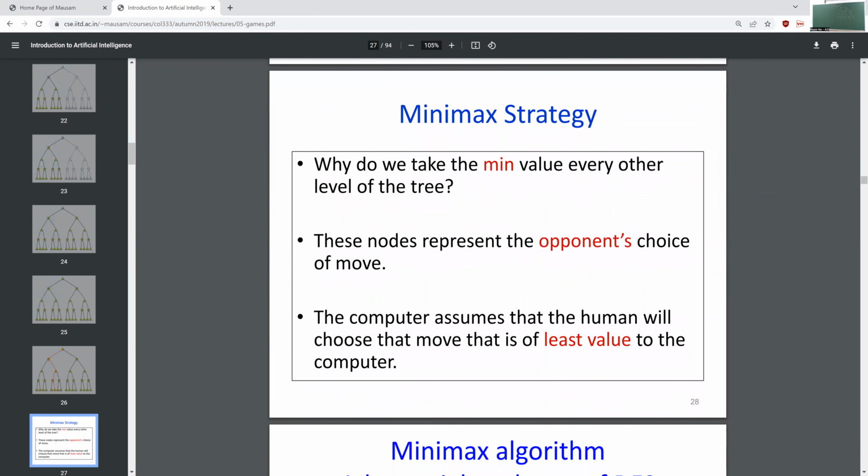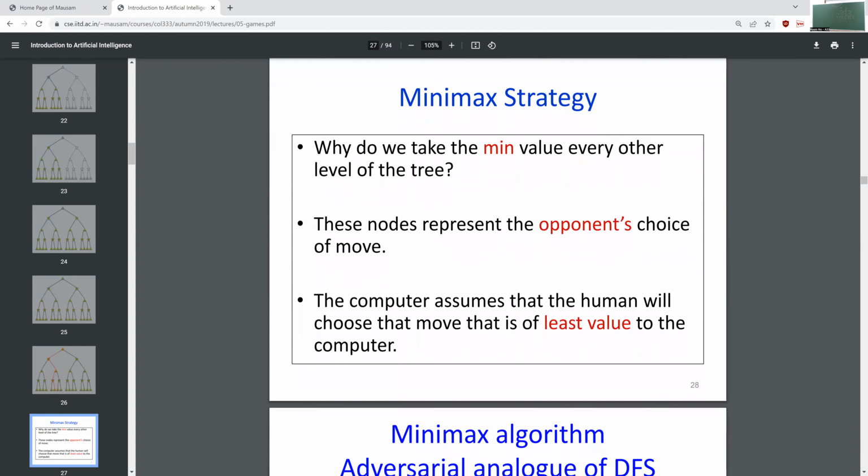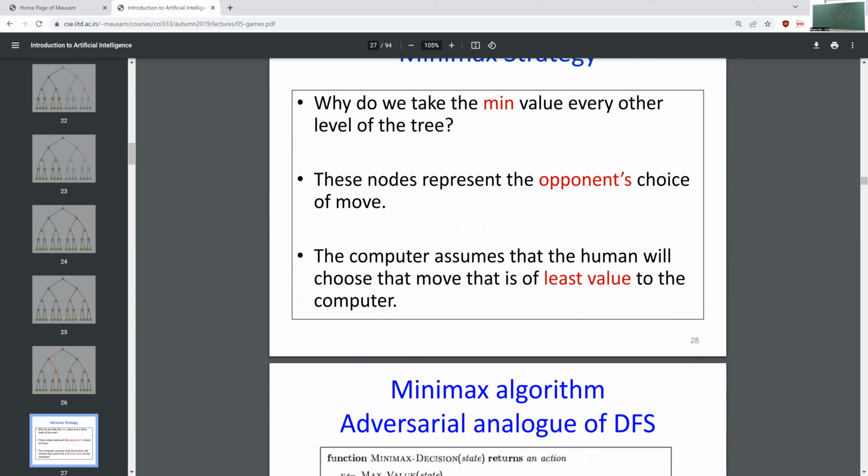Okay, these are some questions. Why do we take the min value every other level of the tree? The answer is because the min node simulates the opponent, and the goal of the opponent is to minimize the utility function. The computer assumes that the human will choose the move that is of least value to the computer.